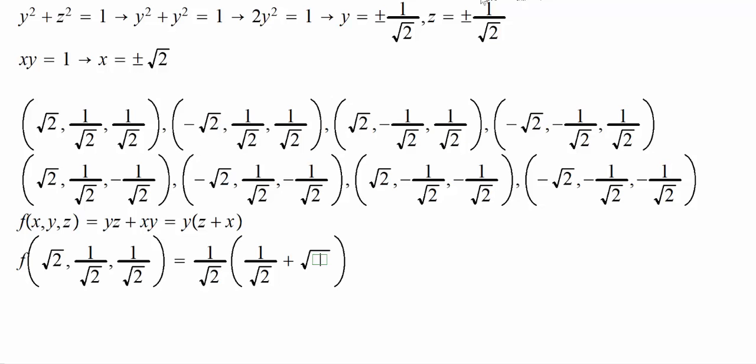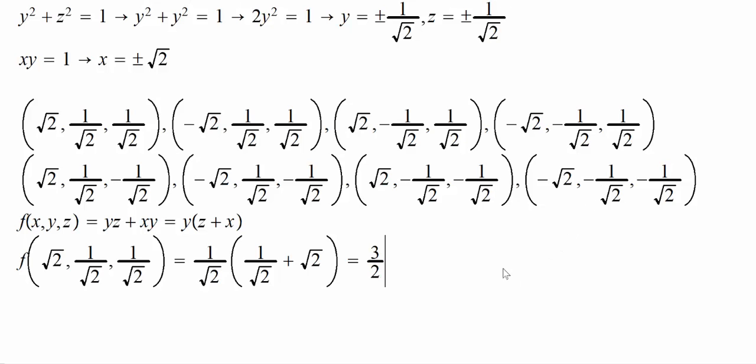So if we multiply the square root of 2 in here, what shall we get? 1 over 2, that will be 1. So we are going to get how much? 3 over 2. So that is one possible value.